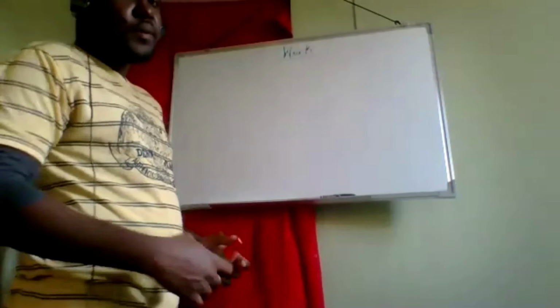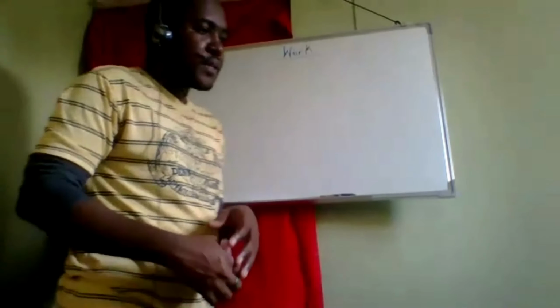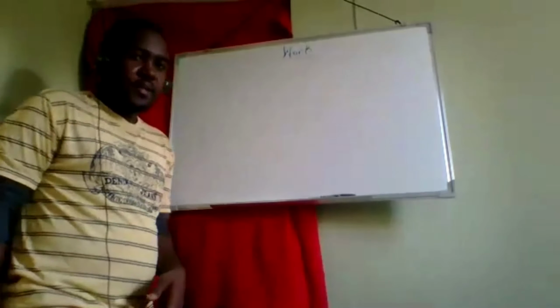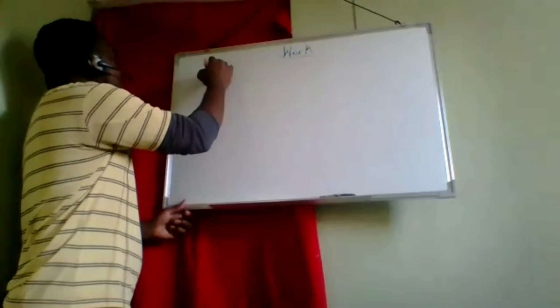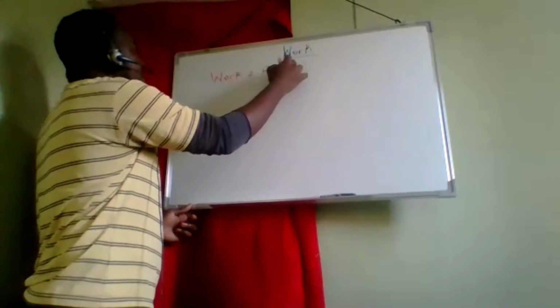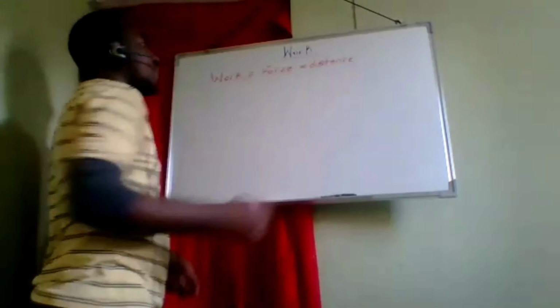So we know that work is the force acting on an object to cause it to move a certain distance. Work is calculated by multiplying the force times the distance moved.